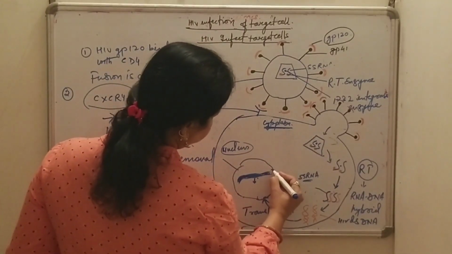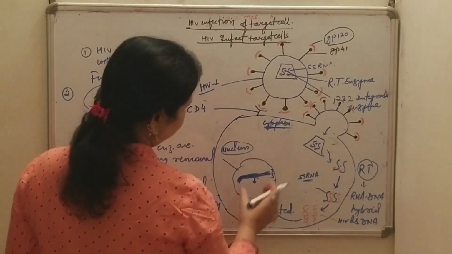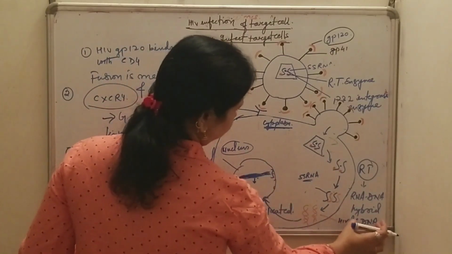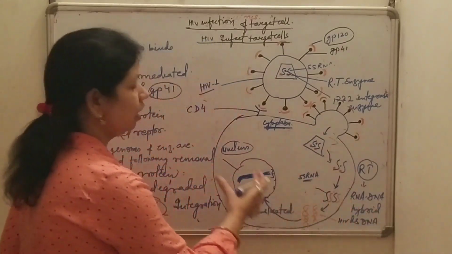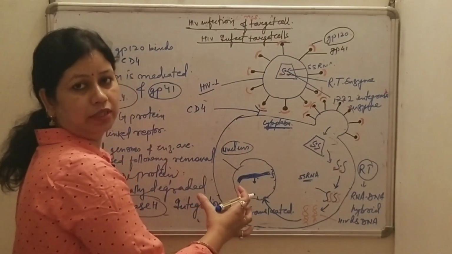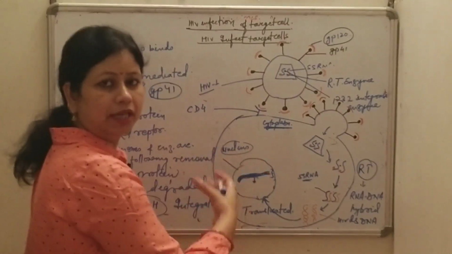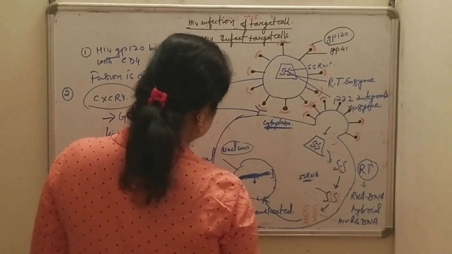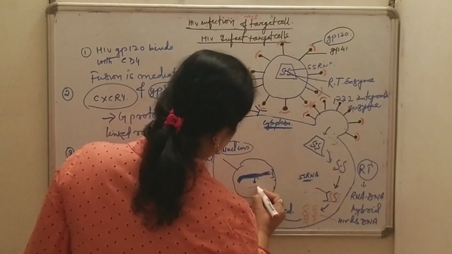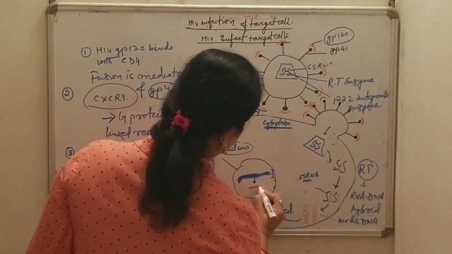Now this is the genome structure before integration of this HIV double stranded DNA. After integration, when the HIV double stranded DNA becomes integrated into the host cell genome and is replicated along with the DNA, the structure will be like this.